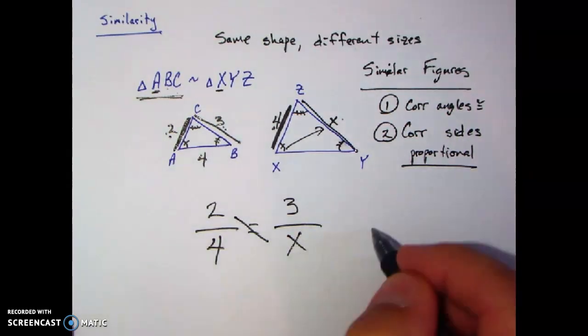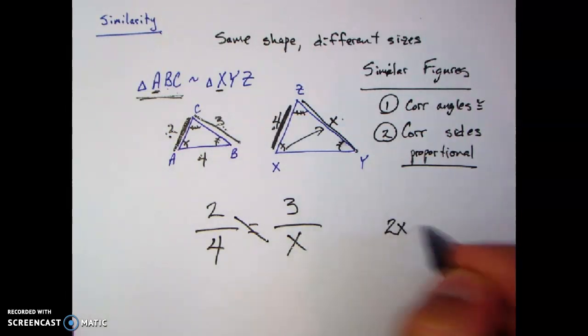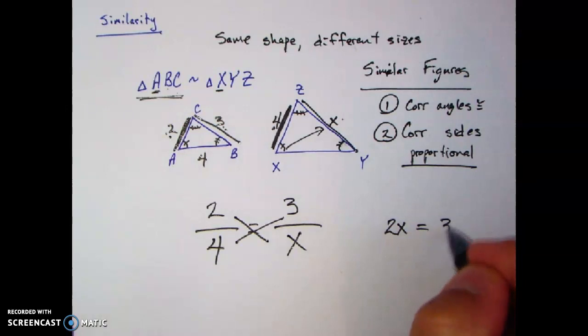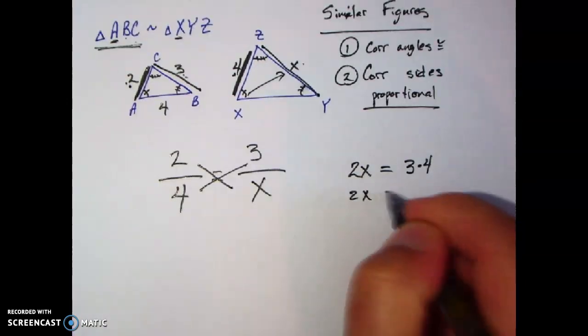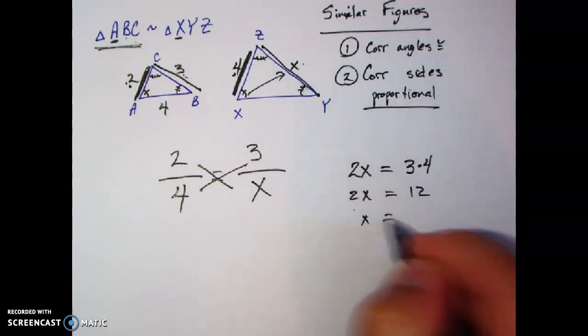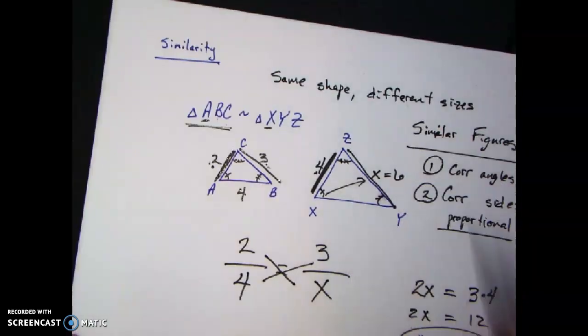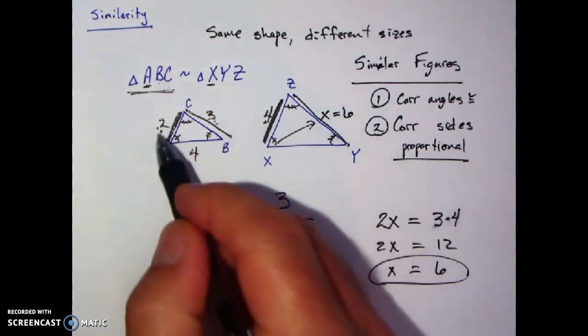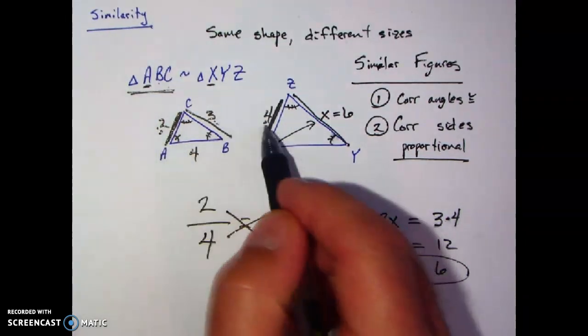2 times X would be equal to 3 times 4. So now 2 times X is equal to 12. Divide both sides by 2. And we find that that side is equal to 6. Now, maybe you noticed, if I just take 2 times 2, I get 4.